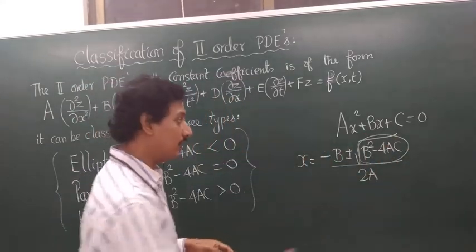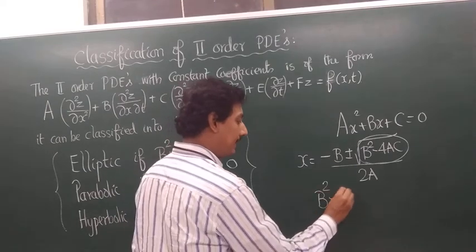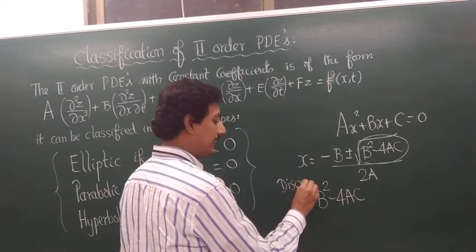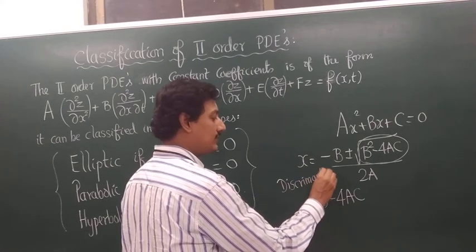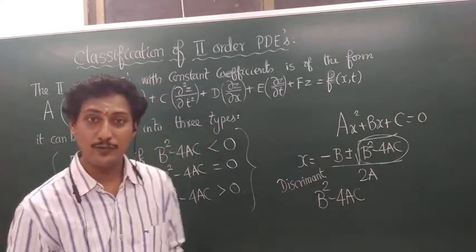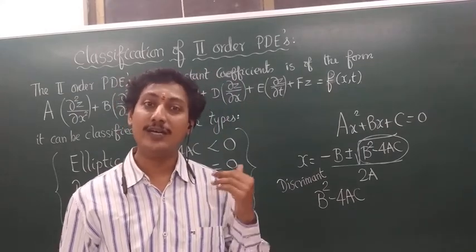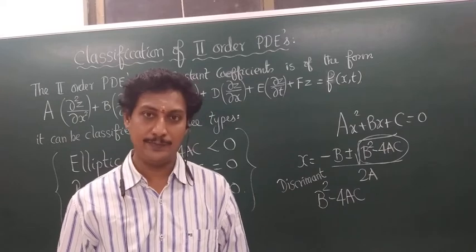What's the name of this one? This is often called the discriminant value. So this discriminant value b squared minus 4ac will decide the roots of the given quadratic equation.